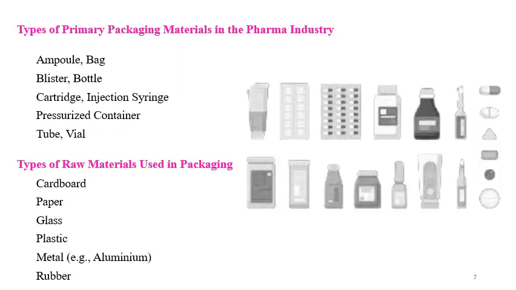Types of primary packaging in the pharma industry. So many types of packaging materials are available based on the formulation design and the patient population. Ampoules are there which are made up of glass, vials, bags, blisters, bottles, cartridge, injection syringe, pressurized container, tubes.